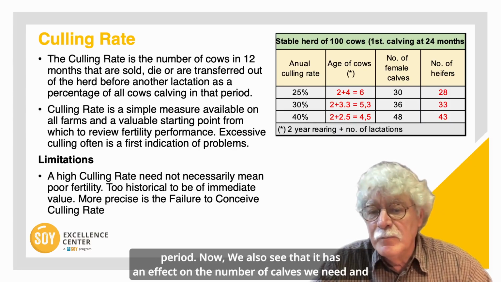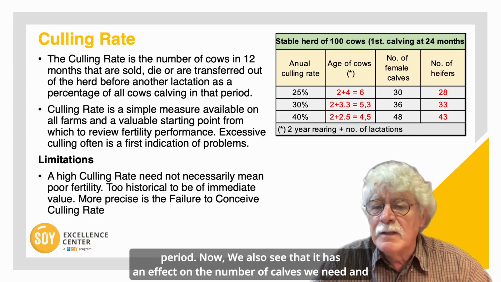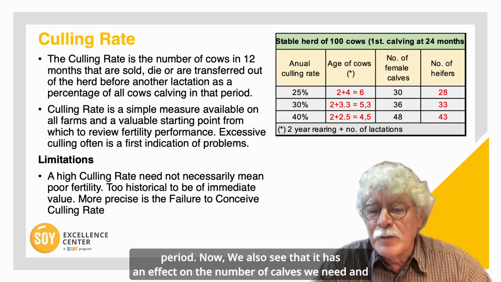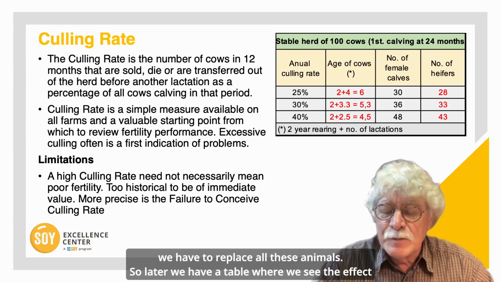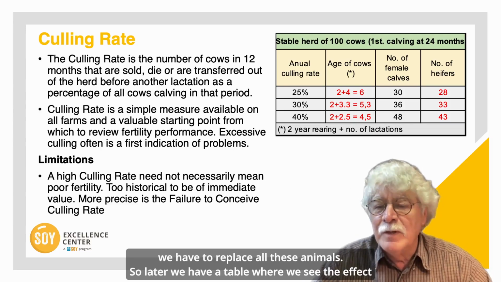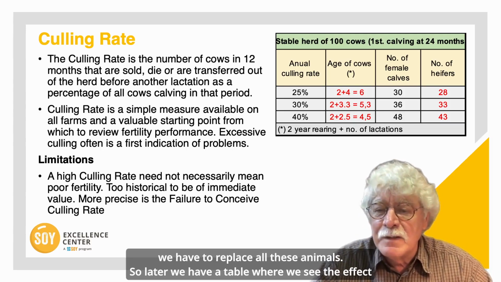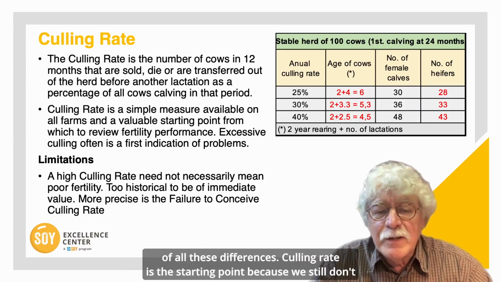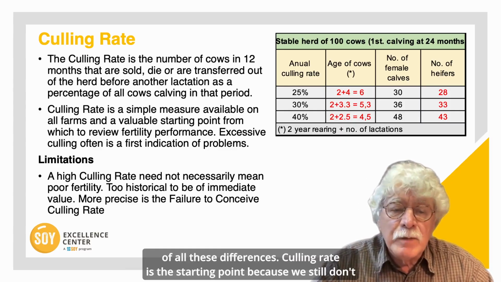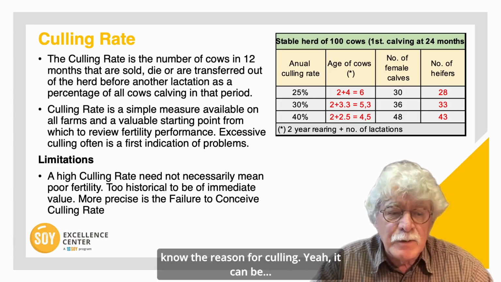Now, we also see that it has an effect on the number of calves we need and we have to replace all these animals. So later we have a table where we see the effect of all these differences. Culling rate is the starting point, because we still don't know the reason for culling.